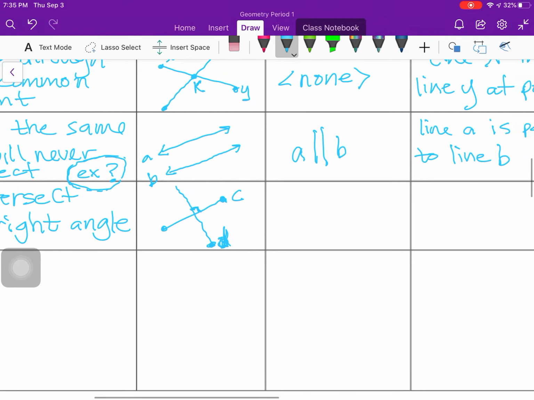Let's actually write that on here. 90 degree, so 90-degree angle. Perpendicular, we're going to say that line C is perpendicular. There's the notation for perpendicular to line D. Let me say it the exact way. Line C is perpendicular to line D.